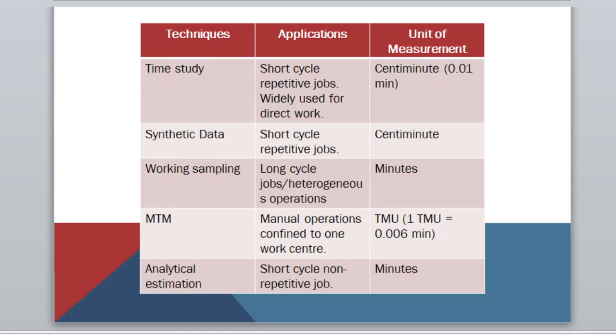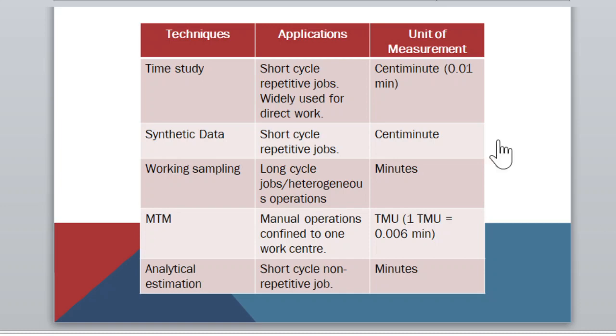MTM or PMTS is for manual operations confined to one work center, and the unit is TMU, which stands for time measurement unit. If we take 1 hour, that is equivalent to 100,000 TMU.